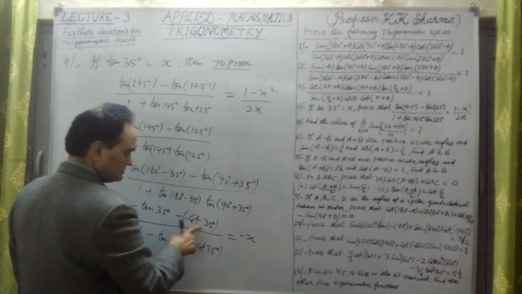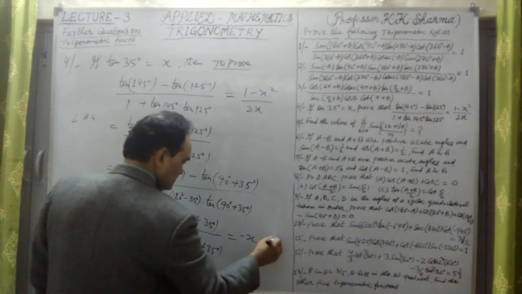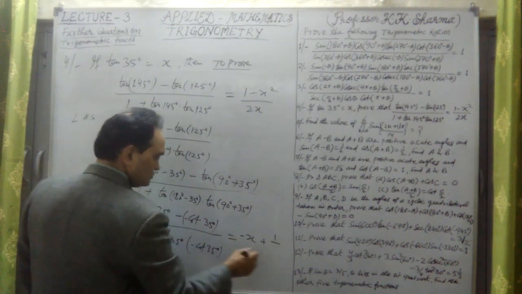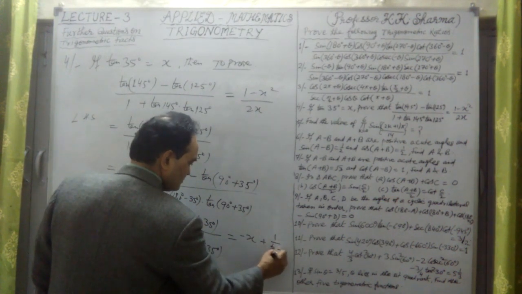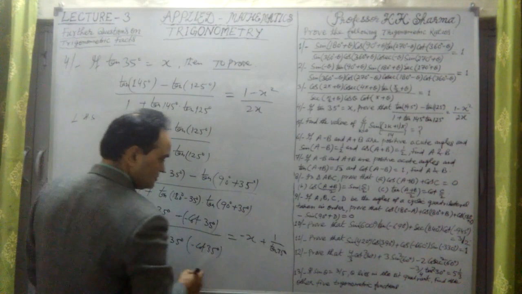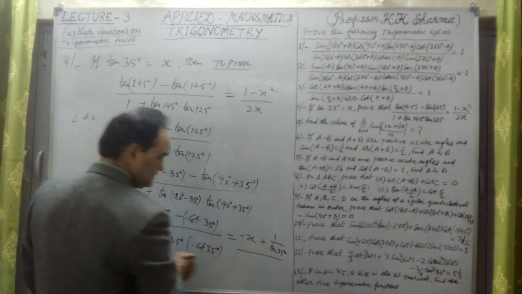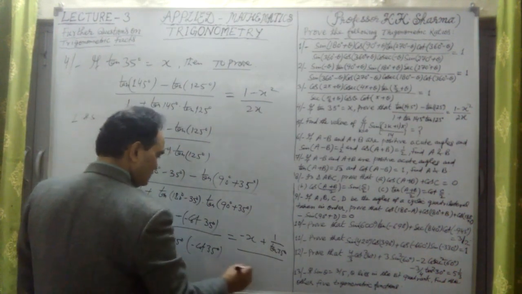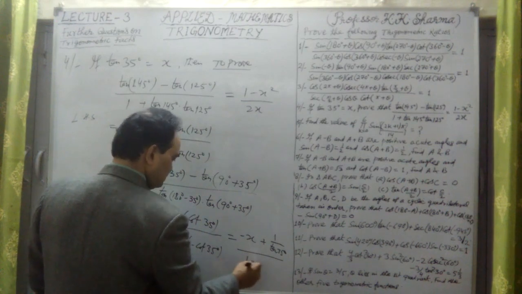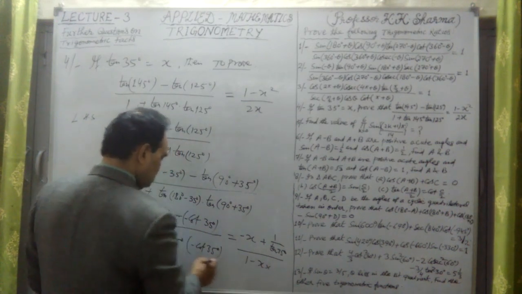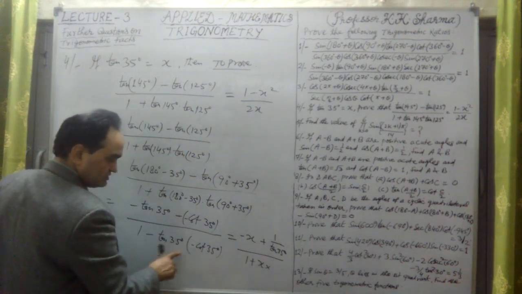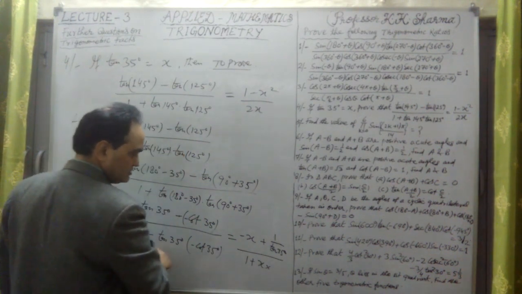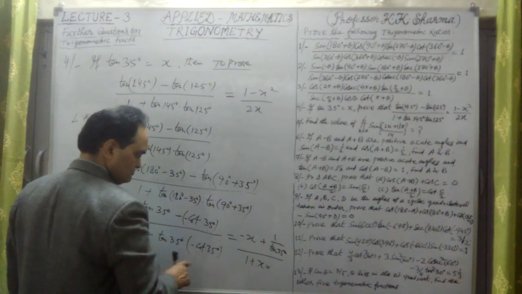Now this is plus cot 35. I can write it as 1 upon tan 35, since cot 35 is 1 upon tan 35. Divided by 1 minus tan 35 degree, which is x, into minus cot 35. Minus into minus becomes plus, so again it has become a plus sign.